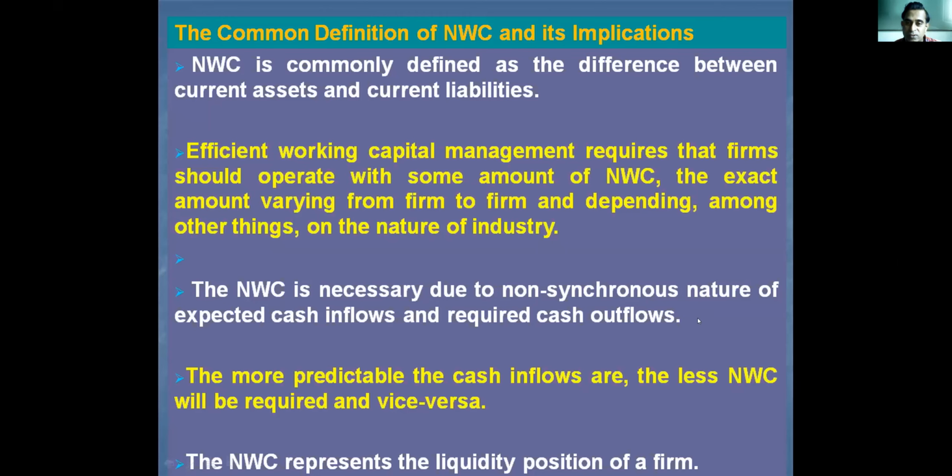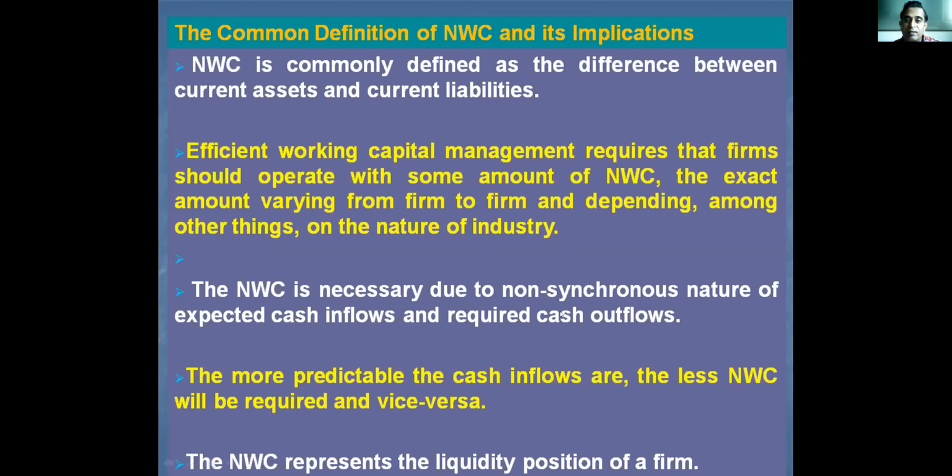cash outflows. See, the company has to spend first to purchase the raw materials. The company has to spend to manufacture the goods. The company has to spend to transport the goods to the place of the customer, like wholesalers and distributors, for example. And then they will get the cash from their customers.